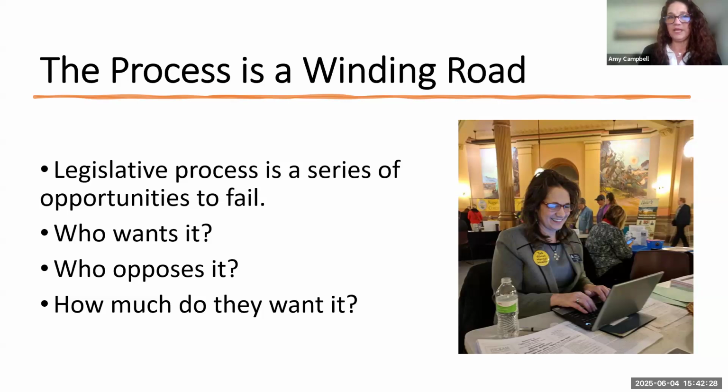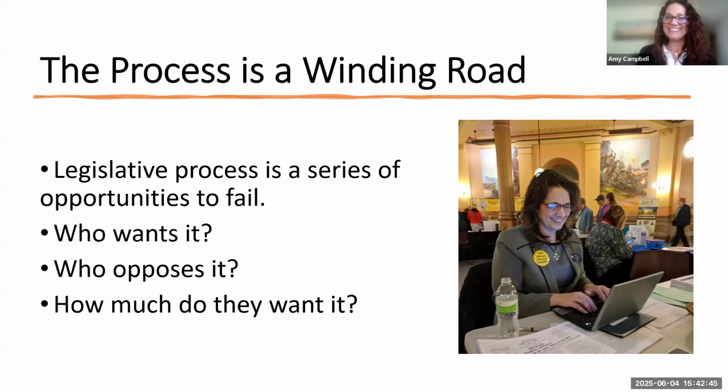So there's a reason why it's hard to do. There's a reason why it's complicated. It has to touch so many decision-making bodies. You hope that by having all of that input at various levels, you end up with a better product at the end of the day.